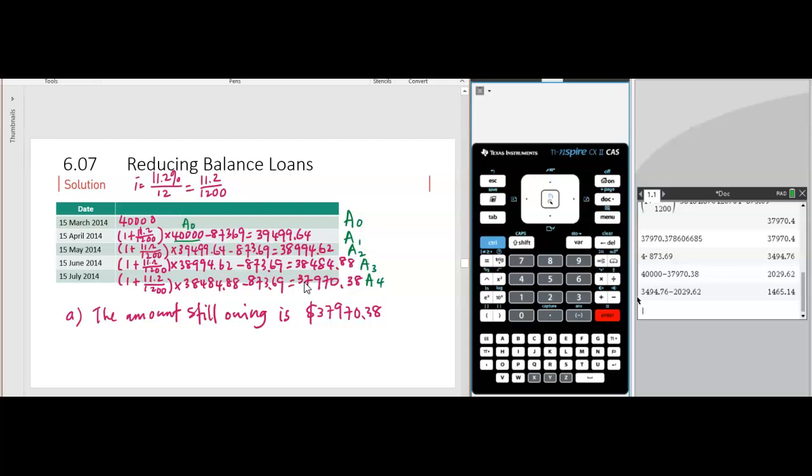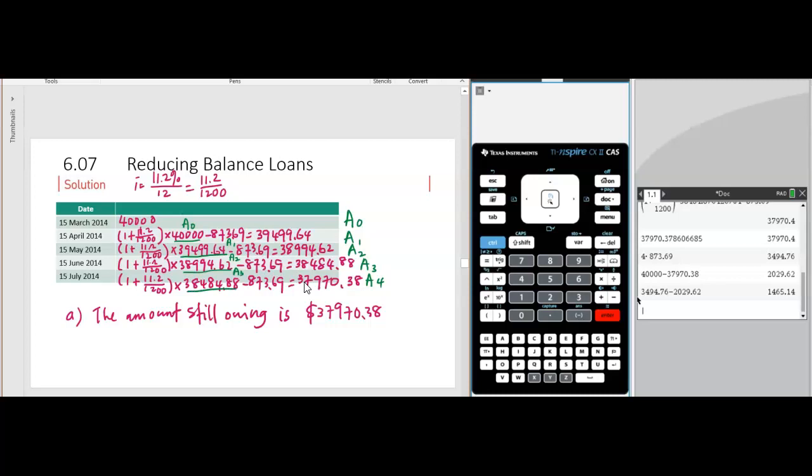Then when it comes to the second month, after the second month, this amount is actually your A1 term, right? And then when you go to the third month, you times the previous term, which is your second month amount. And when you go to the fourth month, you times the third month amount.